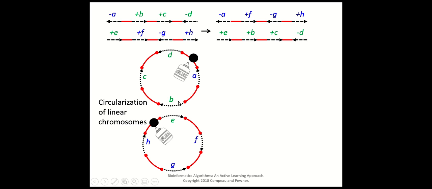After plus B, so B clockwise, C positive clockwise, minus D anti-clockwise, and I'm going to glue minus D with A, and this is the first chromosome. The second chromosome is E clockwise, F clockwise, G anti-clockwise, and H clockwise, and I'm going to glue them between H and D.